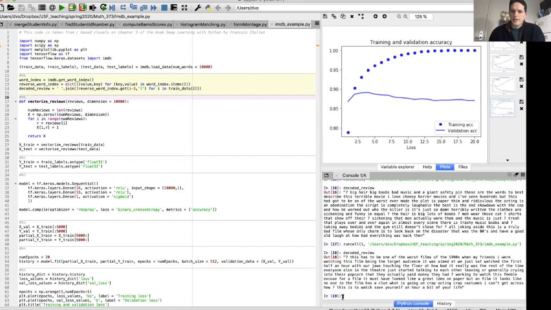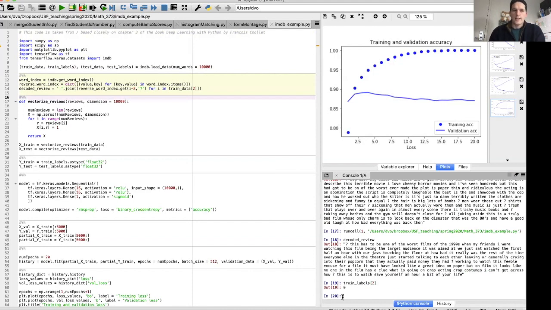This has to be one of the worst films of the 1990s. When my friends and I were watching this film, okay, so that's a very negative review. And correspondingly, if we look at the train label for this movie, it's 0, meaning it's a negative review.